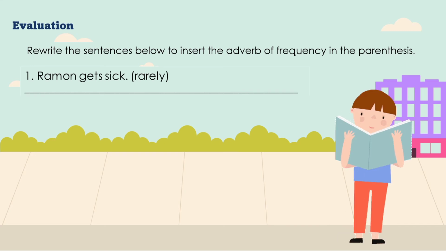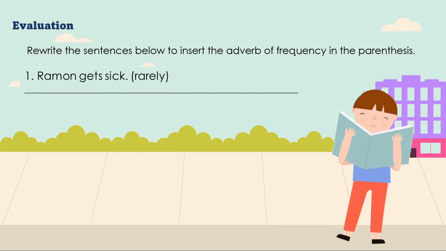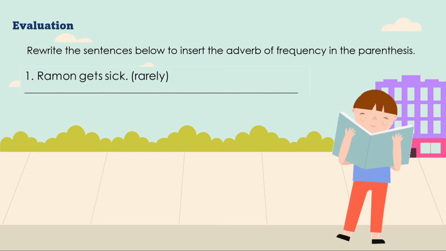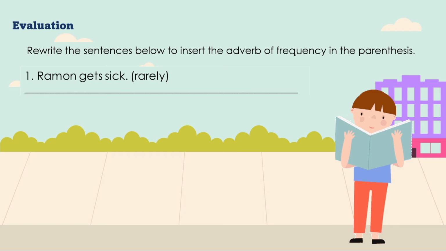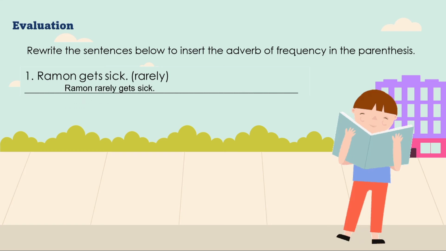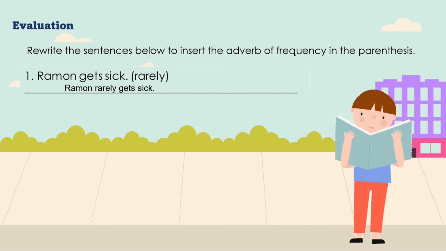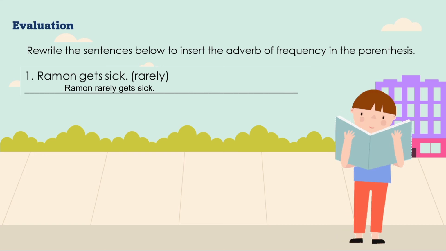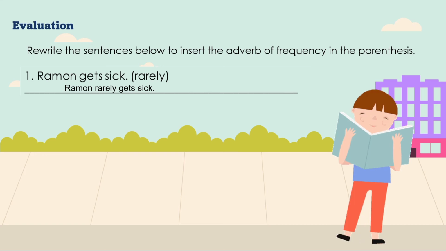So Ramon is the subject and the verb is gets. So you're going to insert the adverb of frequency rarely before the verb gets. So the answer will be Ramon rarely gets sick. Is that correct? Yes, it's correct. Very good. So you're going to rewrite the sentence on the blank provided.